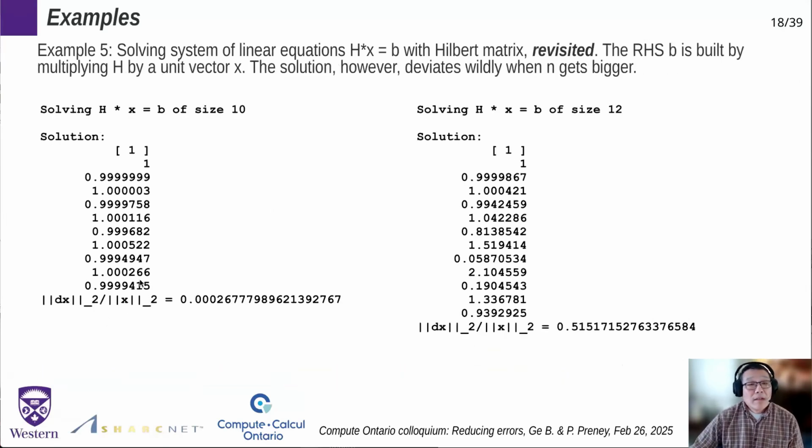Now let's examine the relative error. For size 10, we compute the relative error, which is the difference between the solution and the unit vector. The relative error is 0.00026 for size 10, and for size 12, it increases to 50%. And if the relative error is 50%, that's totally not acceptable.